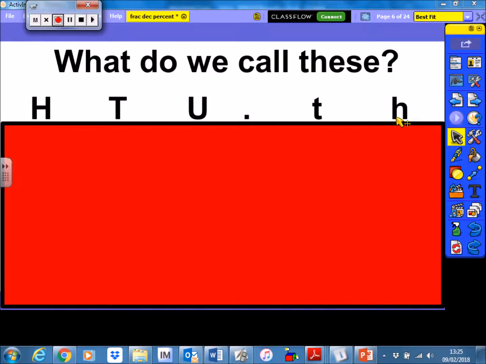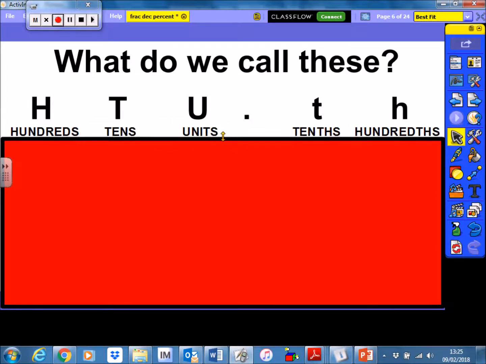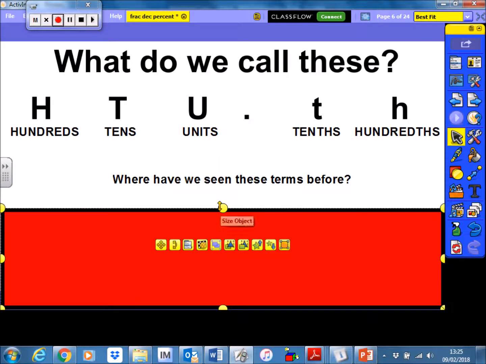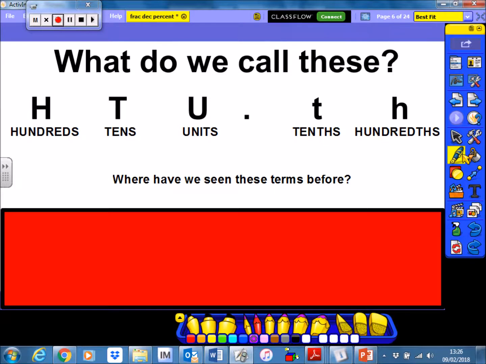These smaller components to the right-hand side of the decimal point, they have quite a telling name though. They are called tenths and hundredths. So, where have we seen these terms before? Tenths and hundredths. The answer is fractions. If we take a whole number and we split it into 10 parts, we have a tenth.